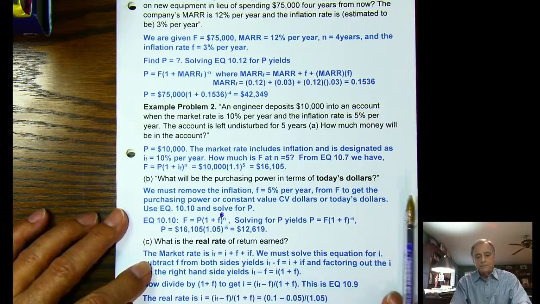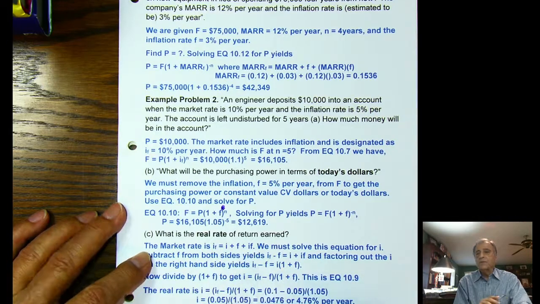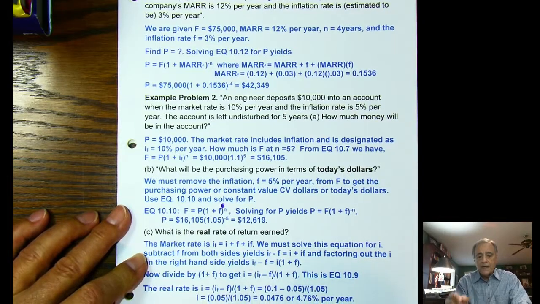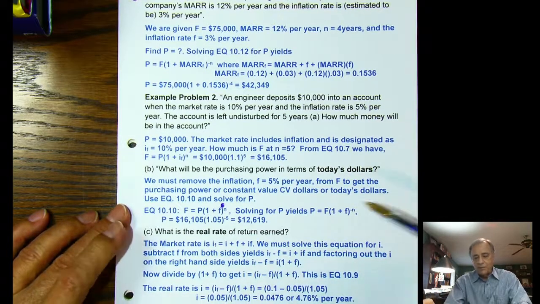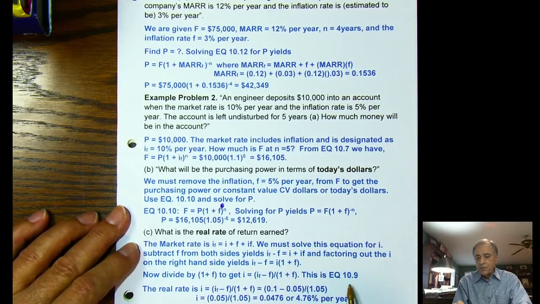Part C, what is the real rate of return? Okay, the real rate. So then the author has to solve for I. And remember, equation 10.9 actually is where we do that solution.